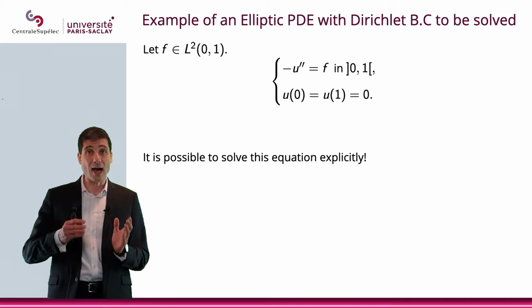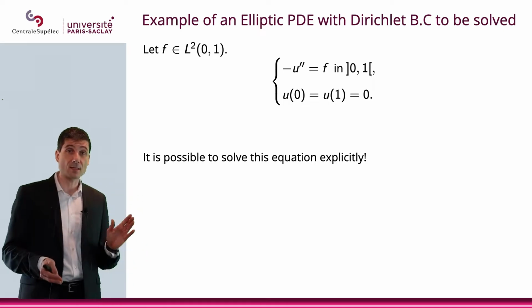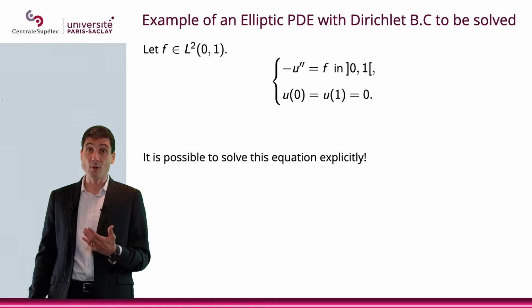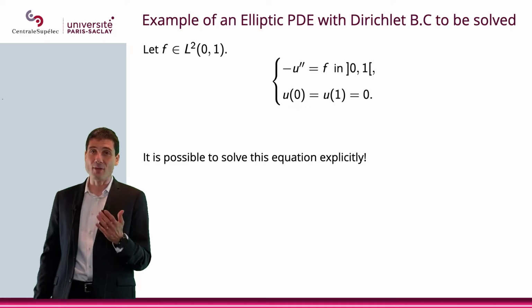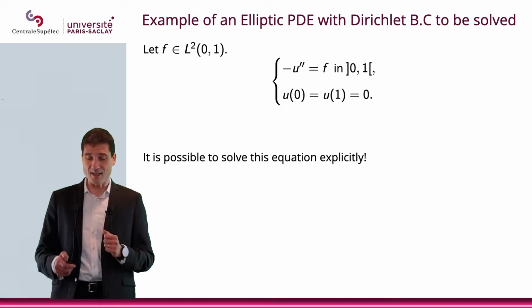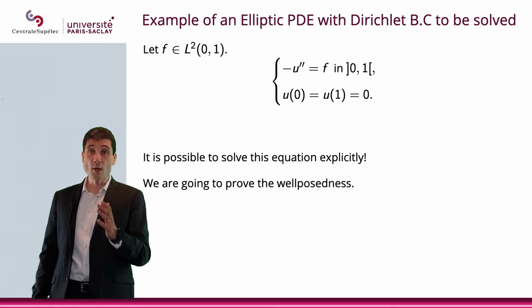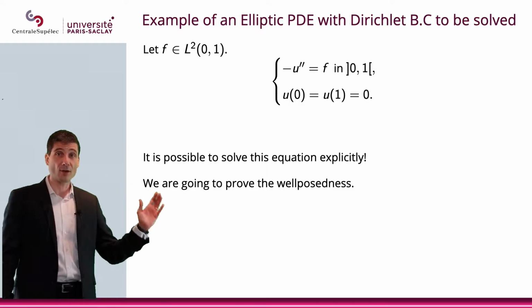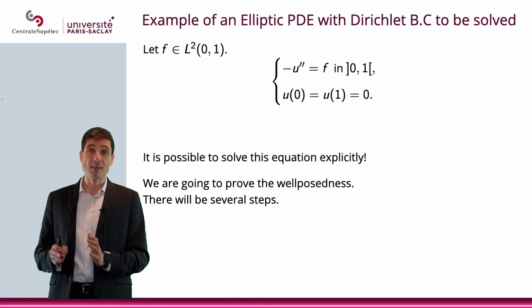And also in higher dimensions, which we will do in the next video, you won't be able to solve the equation explicitly. So what we're doing here has some merit, but I just wanted to point out that some of you might think it's not a very complicated equation. So what we are going to do in this video is to prove well-posedness of this equation. This will be done in several steps.